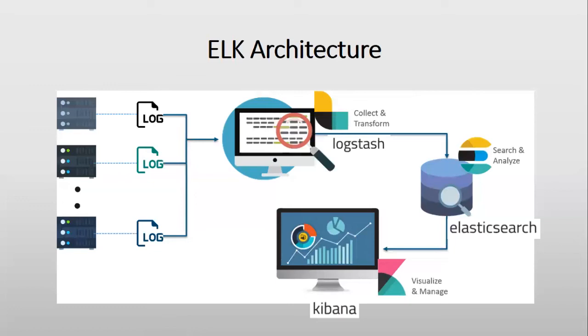Kibana is a UI or visualization tool which takes the inputs from Elasticsearch, processes them, and produces them in a graphical user format that is easily visible to the end user. So the end user deals with the Kibana tool, which helps generate the logging details in a beautiful and graphical format.